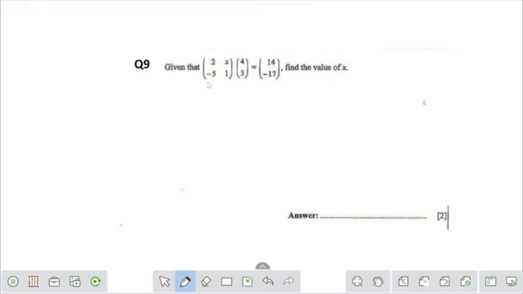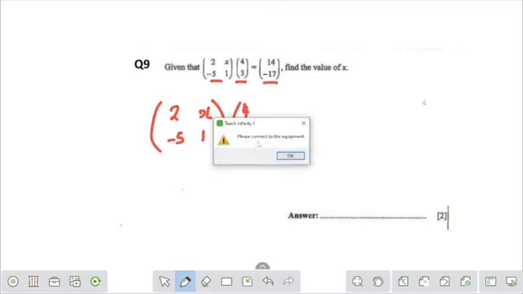So to find the value of x, first we need to find the product of this matrix and this one, then we equate it to this. So we have 2, x, negative 5, 1. Okay, so we have 4, then here we have a 3.